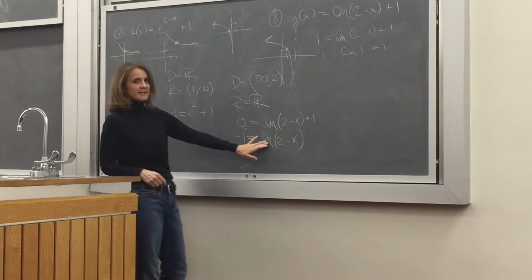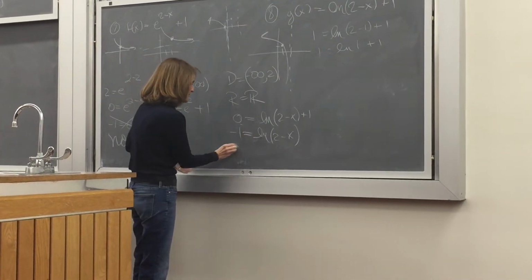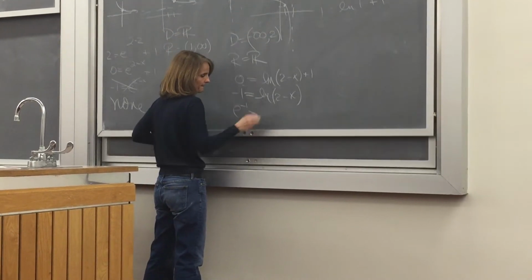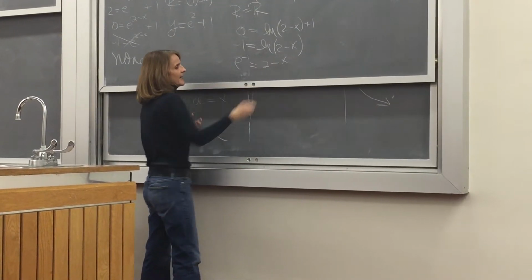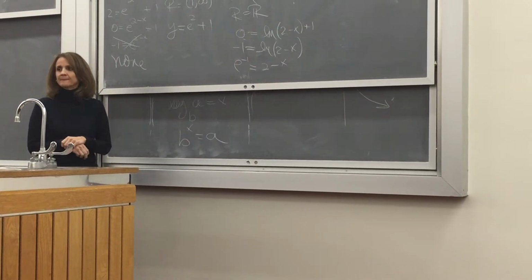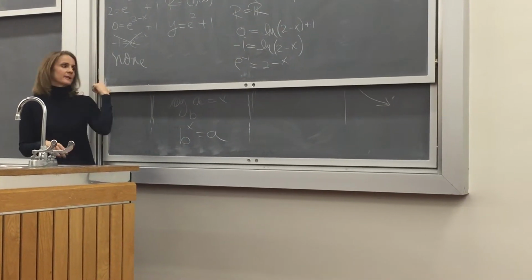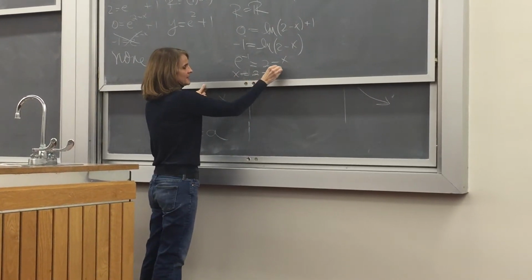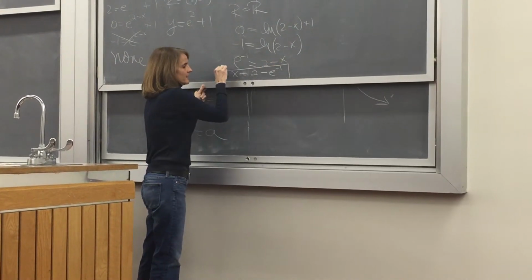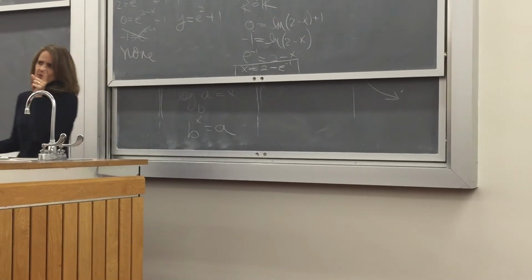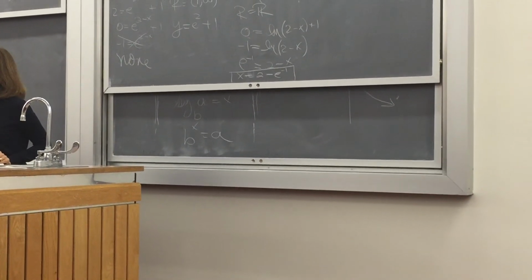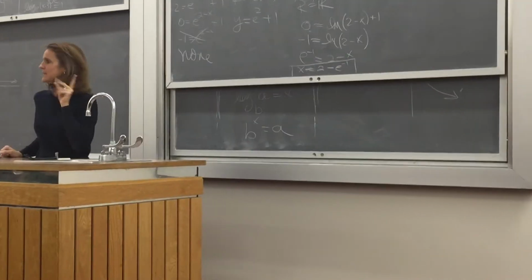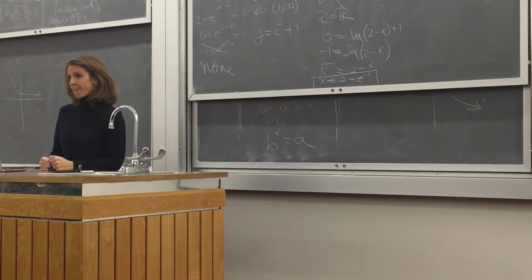So this is log base E. So it's E raised to the negative 1 equals 2 minus x. I'm going to add the x over to the left, so x equals 2 minus e to the negative 1. Nothing is going to happen to that negative 1 exponent, guys. You cannot multiply it away, or add it away. The exponent is going to stay negative 1.